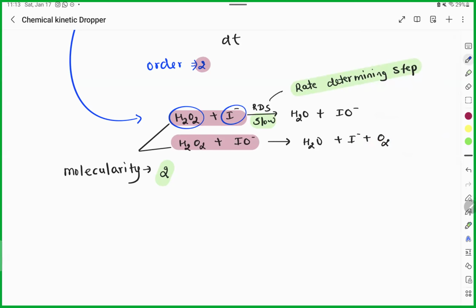That's why your order will be 2. Understood? Your order of the reaction will be 2. So order will be H2O2 1 and iodine 1, total 2. Understood, guys? Any doubt?